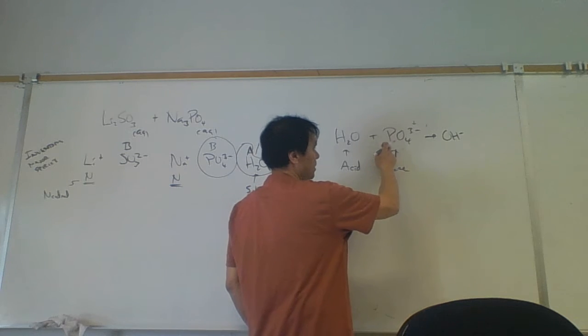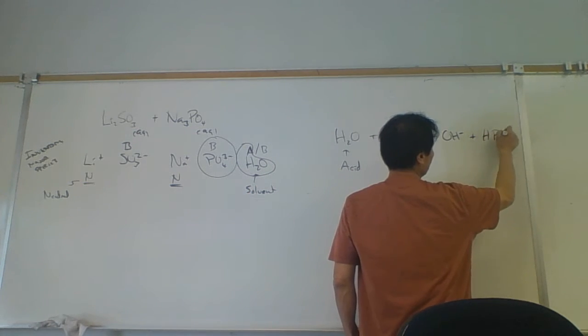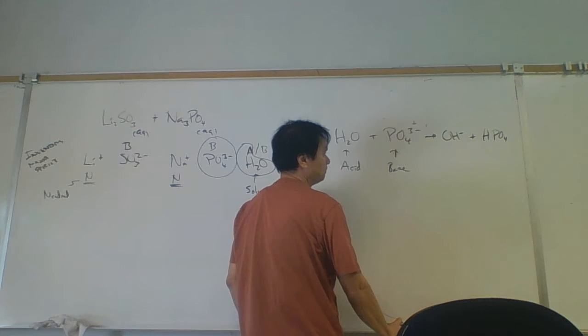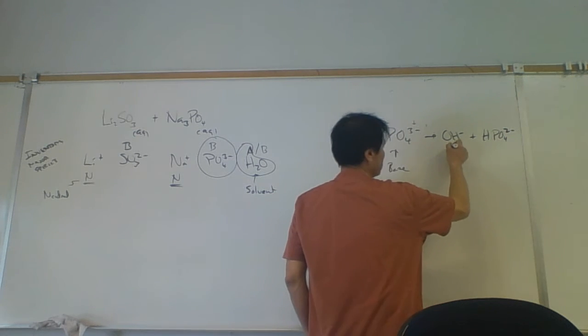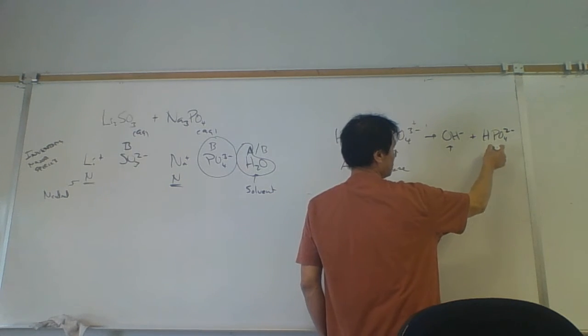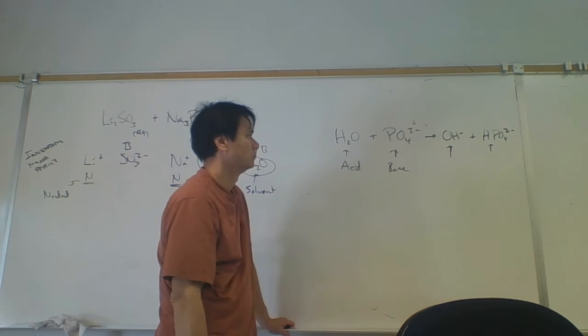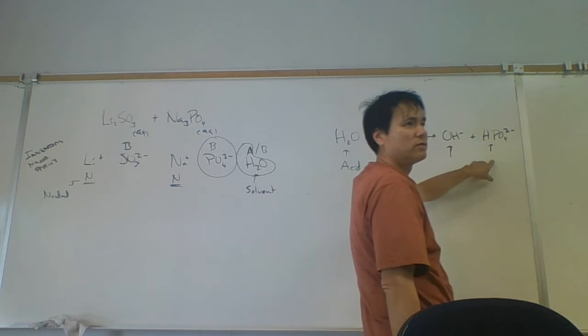And then H plus is going to combine with phosphate, making HPO4. What's the charge on that? Yeah, 2 minus. And so this is hydroxide, and this is called monohydrogen phosphate.